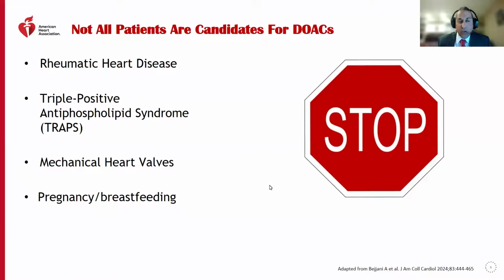With regard to mechanical heart valves, this is also another area of data where there's minimal evidence, and the only large-scale attempted trial was with dabigatran, which did have to be stopped early because of an increase in thrombotic events in the dabigatran-treated patients.